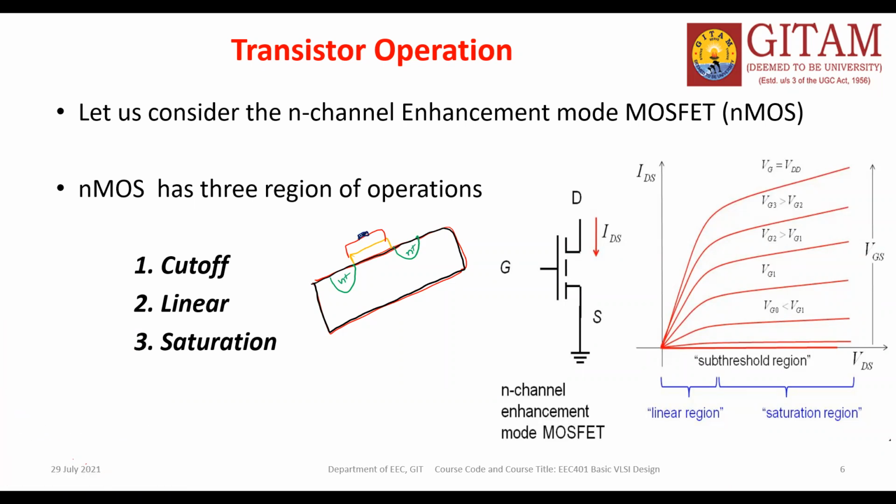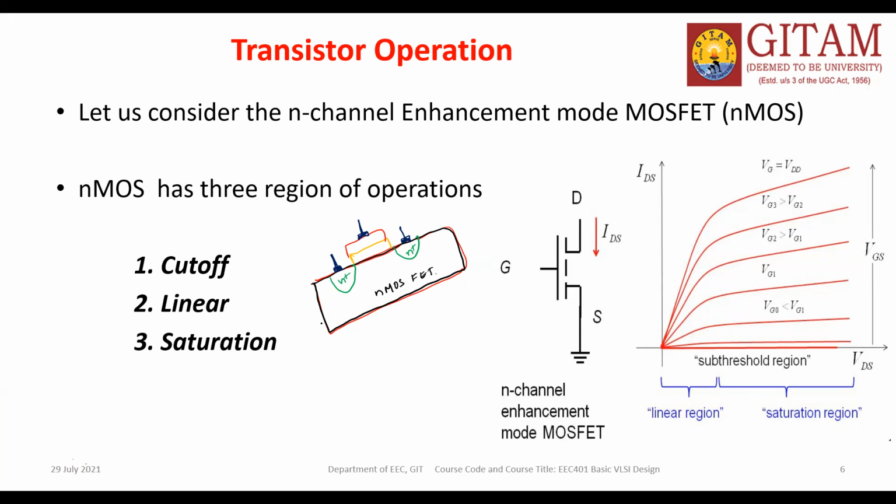This is one metal line, this is one metal line, and this is also one metal line. This is what we normally call an NMOS FET or NMOS transistor.